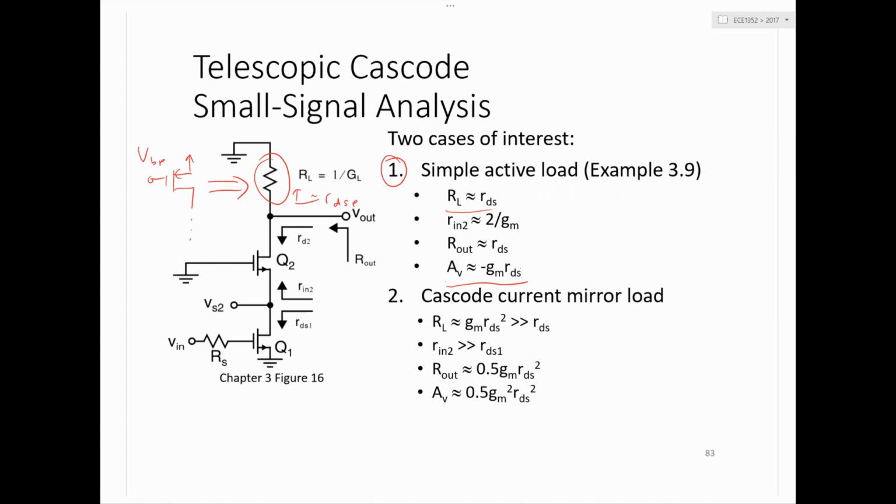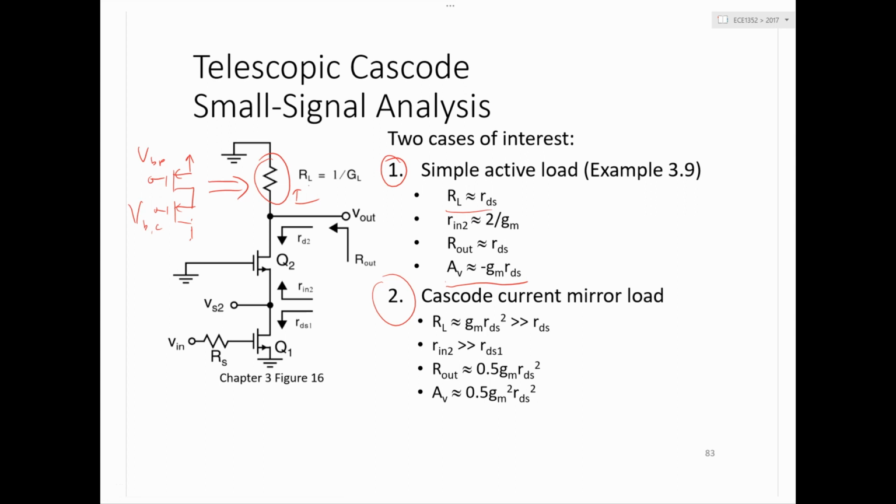Case 2 is where we connect two PMOS transistors biased as a cascode, both in active mode, as the load. In that case, we have a much higher output resistance looking up into the cascode.